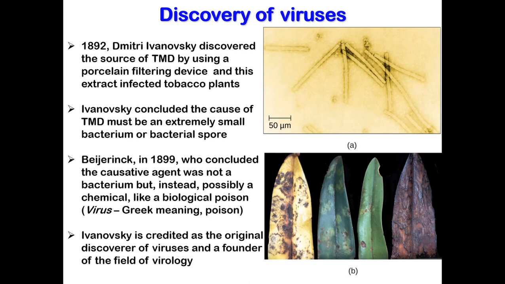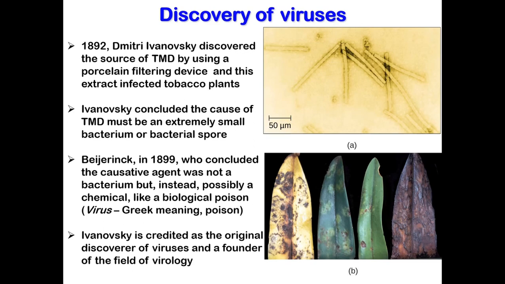However, it was many years before it was proven that these filterable infectious agents were not simply extremely small bacteria, but a new type of tiny disease-causing particle. And then it was Beijerinck in 1890 who concluded that it was possibly a chemical, like a biological poison. So the word virus is actually Greek, meaning poison.